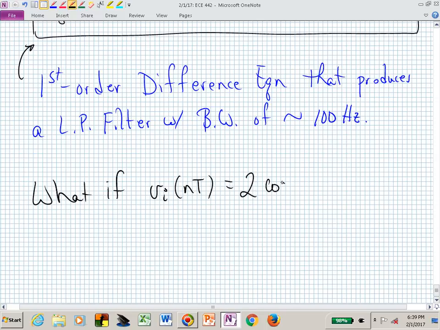It was a cosine. What was our frequency that we did in the analog case? 500. So this is now 500 times little t, but little t is being sampled, so now that's little n capital T. And what is capital T?